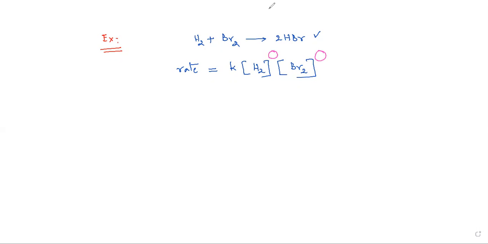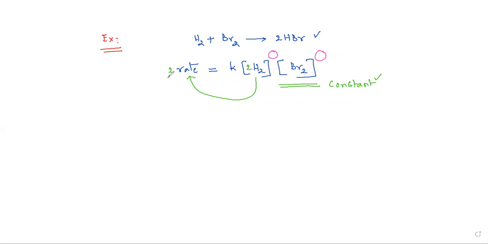If you want to know the effect of concentration of hydrogen on rate, keep the concentration of bromine constant. Let this be experiment number 1. Now suppose the concentration of hydrogen is doubled, and the concentration of bromine is kept constant.